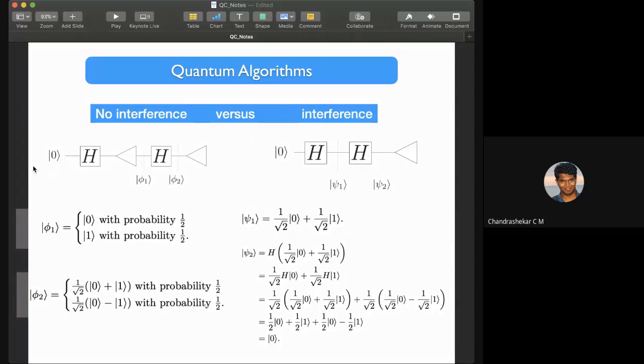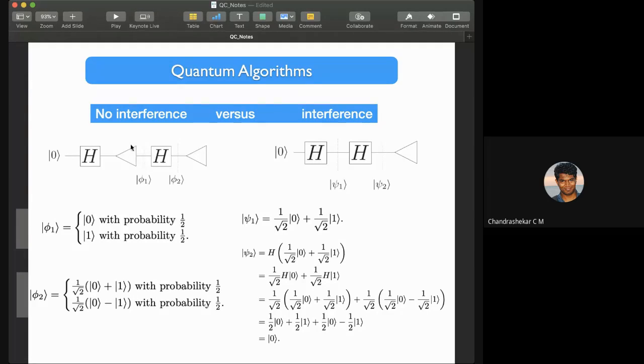There is a quantum state 0. We do a Hadamard operation on it. You get a superposition state. But the moment you make a measurement, it collapses again to a 0 or 1 state. Now you apply a Hadamard operator again, and you are going to get a probability.